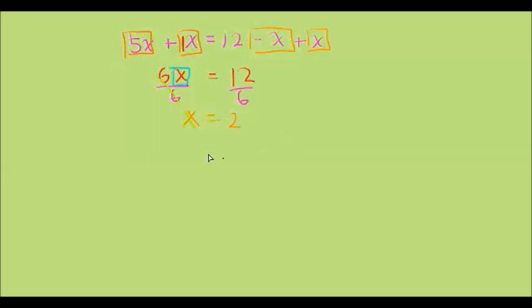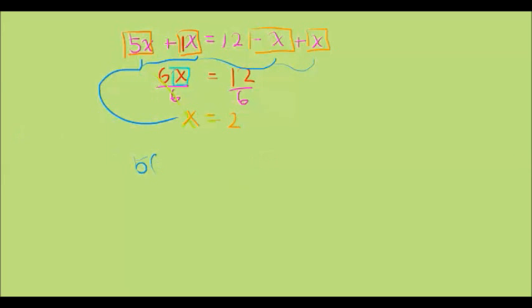So x equals 2. To make sure we got this answer correct, we're going to substitute the value of the variable into the equation. Here we got 1 x, 2 x's, 3 x's, and 4 x's. So 5 times x, where x equals 2.